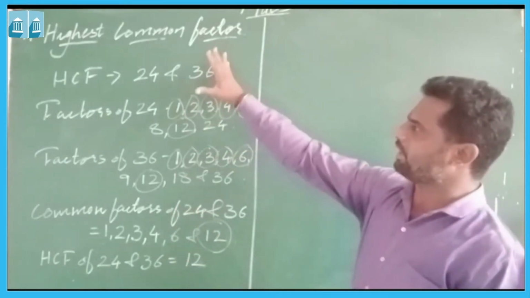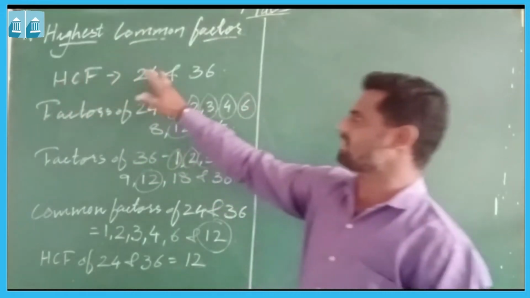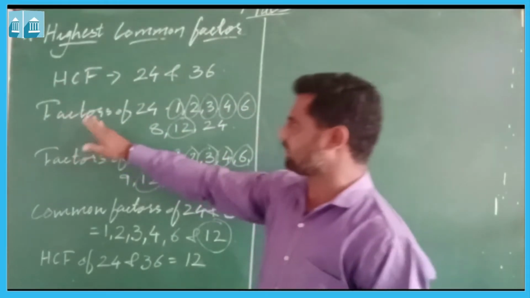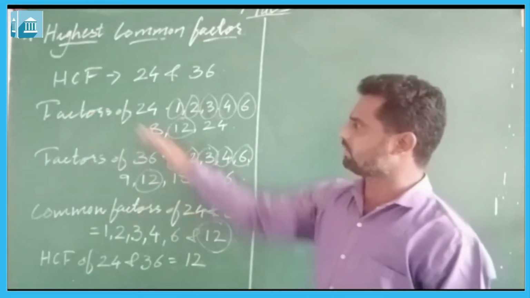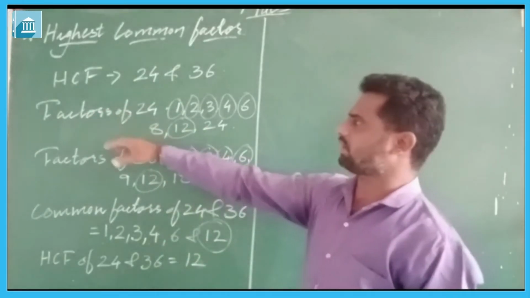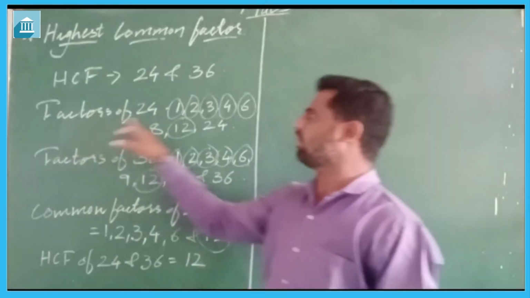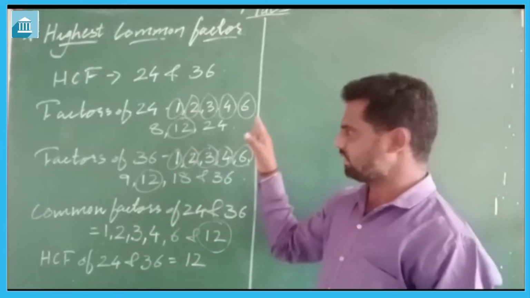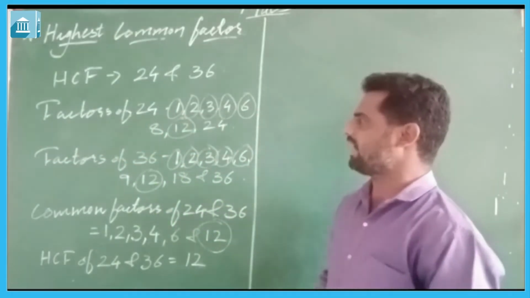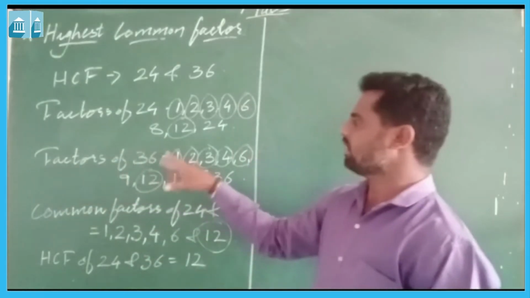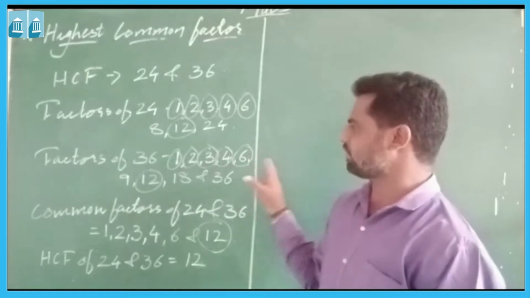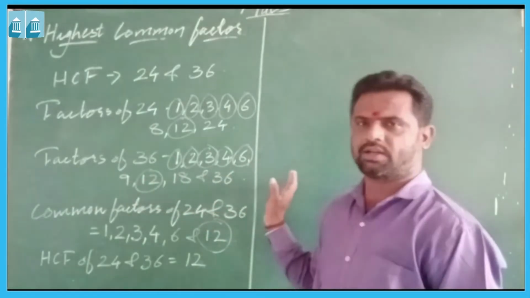Once again I am explaining. To find the HCF by this method, we find the factors of each number and then go further. First we find the factors of 24: 1, 2, 3, 4, 6, 8, 12 and 24. Factors of 36: 1, 2, 3, 4, 6, 9, 12, 18 and 36.